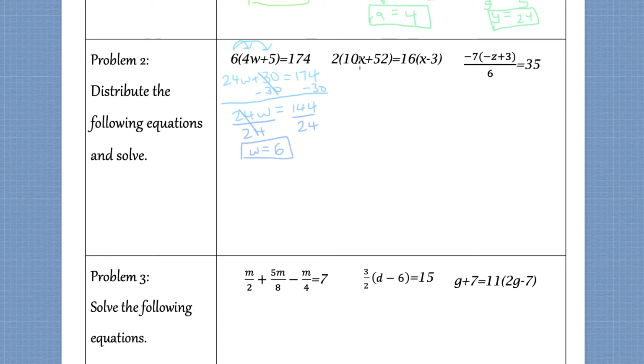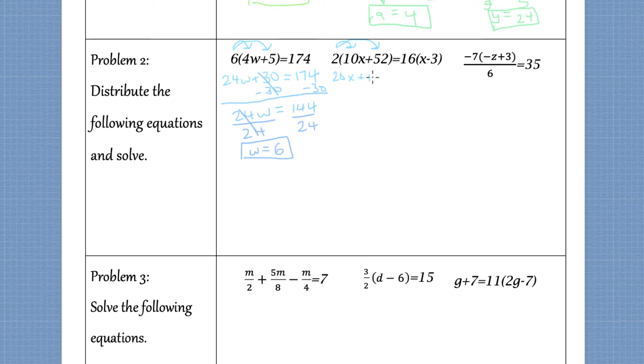For our next one, we have to distribute on both sides. Let's start with the left side. We're going to multiply the 2 with the 10x and the 2 with the 52. So 2 times 10x is 20x, and 2 times 52 is 104.